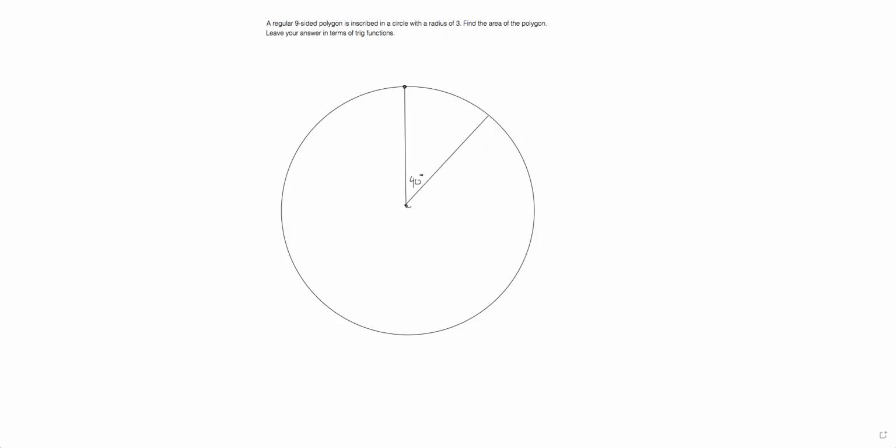Whoops. So we're going to do another 40. So far we have 2 sides. We should have 9 by the time we're finished. So we have 2 40s, and then another, and then another, and then another.